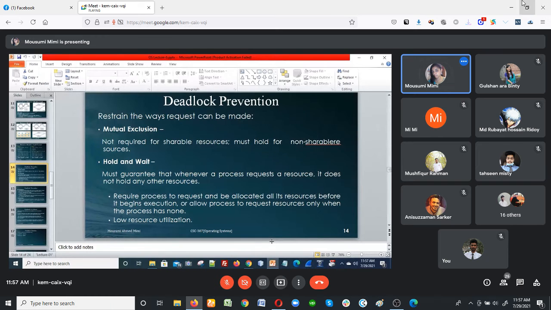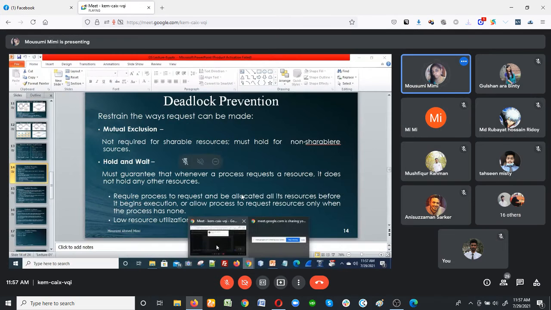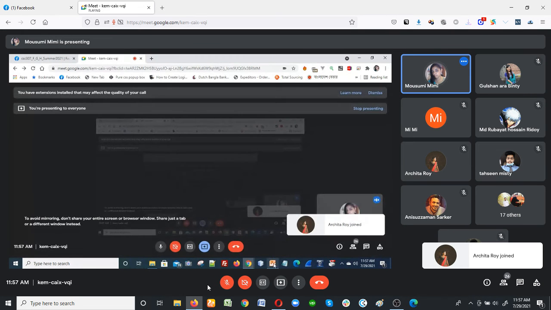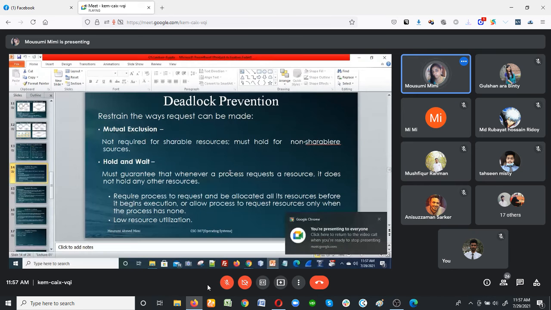Whenever the processor runs so many processes at a single time, it is very hard for it to provide all the resources to the processes, because you already know that whenever a process runs, it needs some resources. Without the resource, the process won't be able to run.